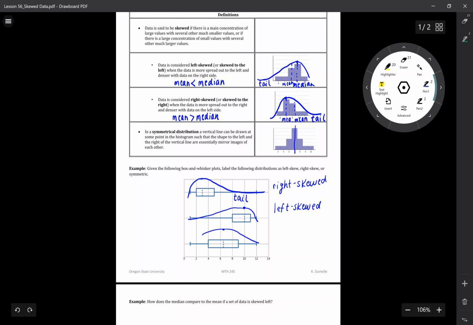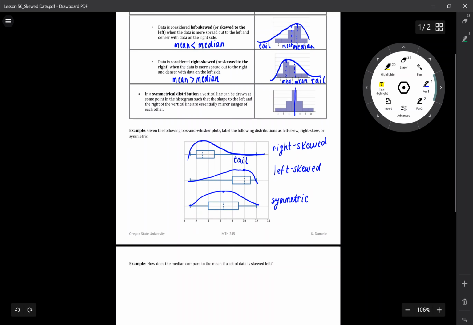And if I were to draw this in like this, I can see that it is symmetric. So again, with these box and whisker plots, this dashed line is the median, 25% of the data, 25% of the data, 25, 25. So that is how we can use these to determine if they are skewed.